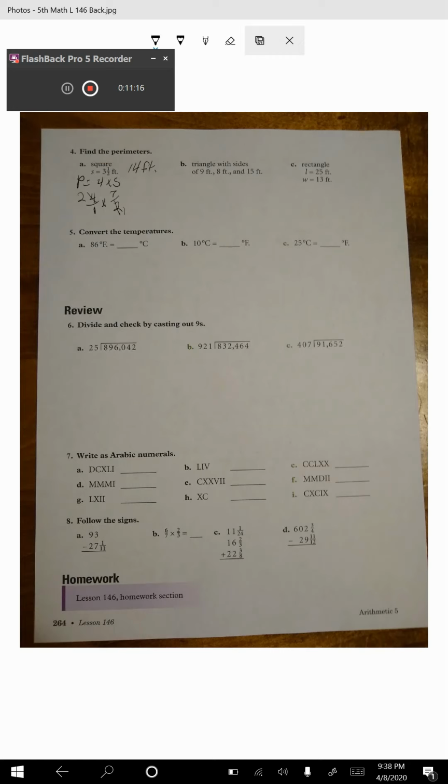A triangle with sides. All right, we just add up the sides. Like we could put perimeter equals A plus B plus C, something like that. So 9 plus 8 plus 15. Well, 9 and 8 is 17. 17 and 15. Do you get 32? I get 32.